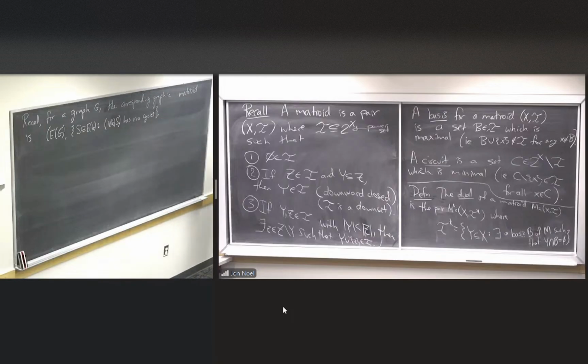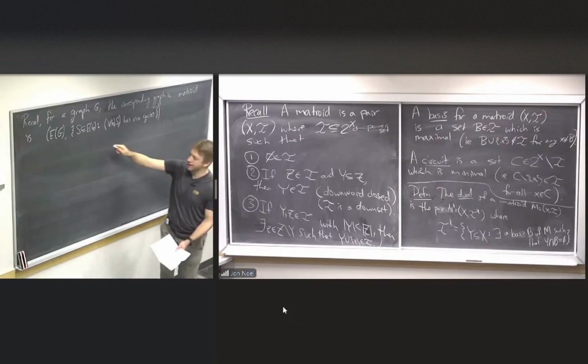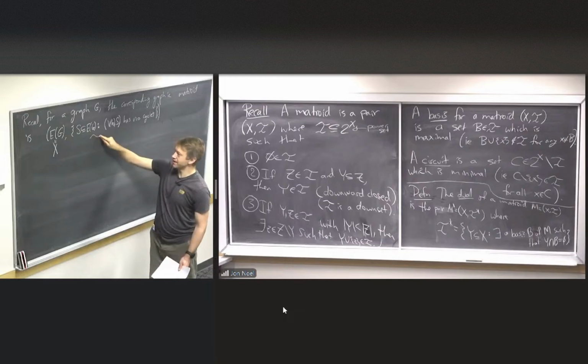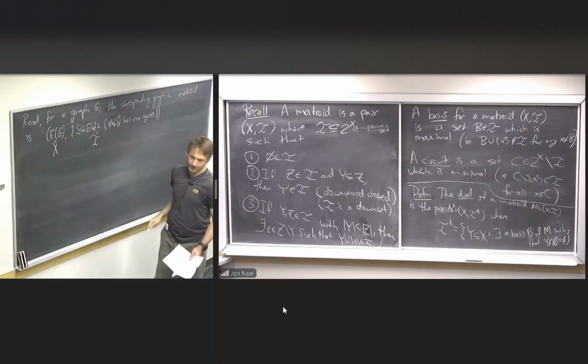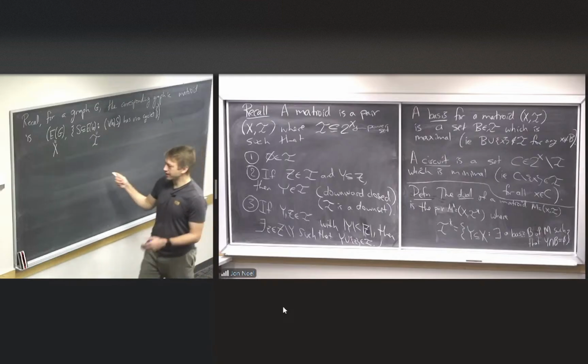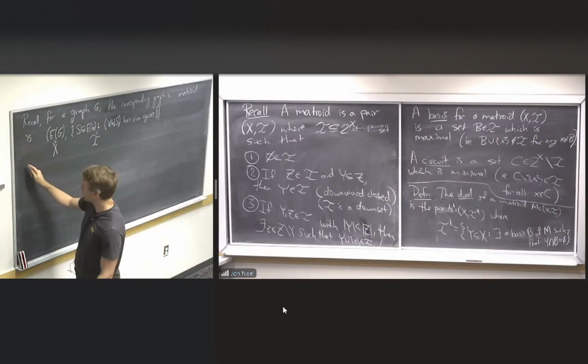Okay, so yeah, this was the graphic matroid. This is the set X in some sense, and this is the collection of independent sets. Let's just make our lives easier and suppose G is connected.